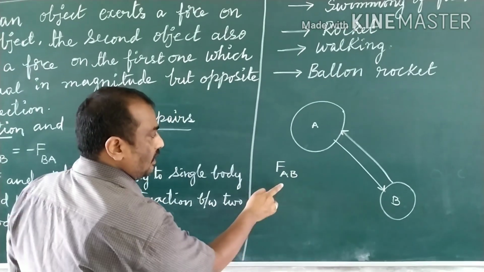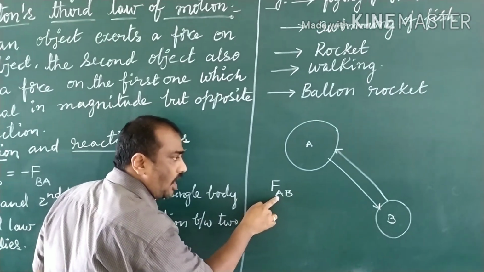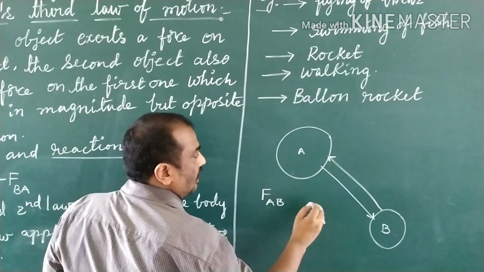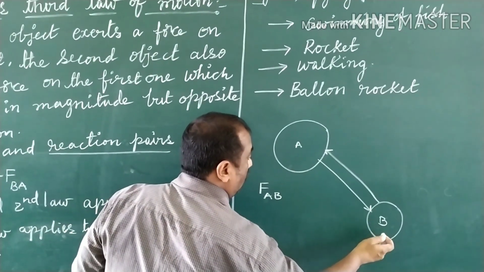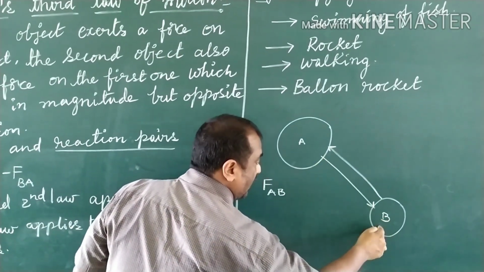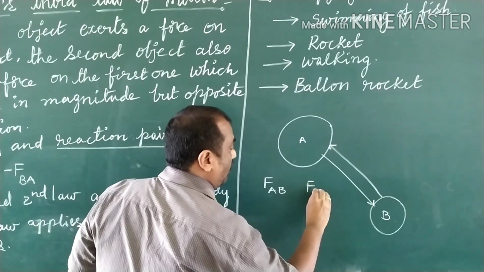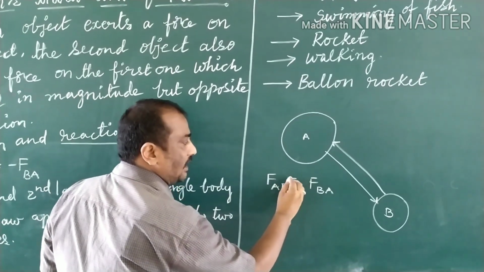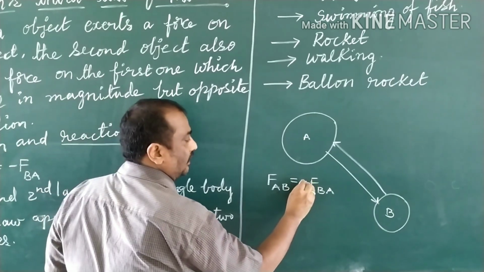Children, do you understand? The force exerted on A by B is called FBA. Both are equal but in opposite directions.